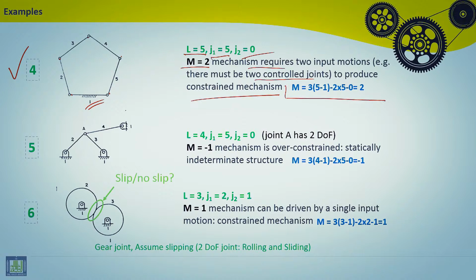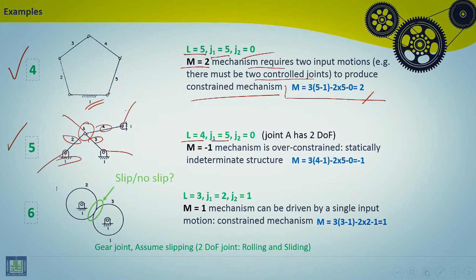To check, M is equal 3 into L minus 1 minus 2J1 minus 0. So it is equal to. Number 5, we have 4 links include the ground. First one, second, third, and fourth. Lower pairs, 5, rotation here, rotation here, rotation here, 3, rotation here, 4.